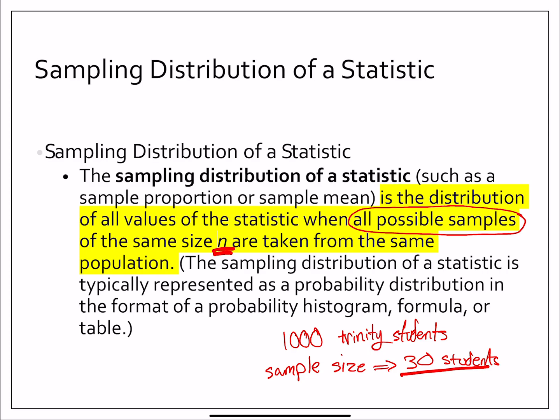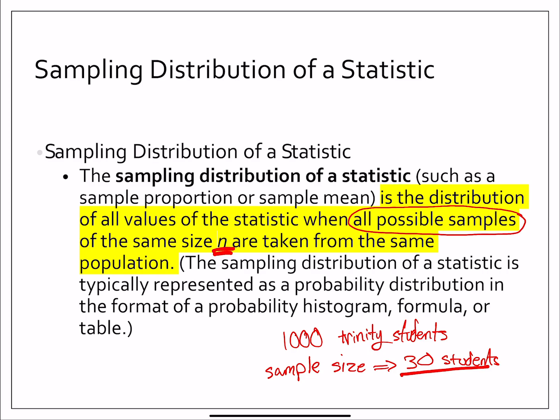Meaning there are no possible samples left that we can take. All of the different ways of mixing it all around, we've done it all. And you all know how to find how many possible ways we could take 30 students out of 1,000 students, or at least you should know. We've gone over it, right?